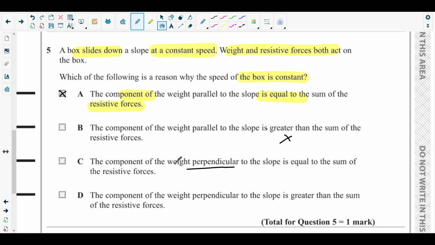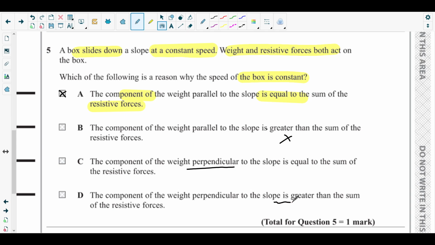The component of the weight perpendicular to the slope is equal to the sum of the resistive forces. It doesn't make sense because resistive forces are acting along the slope, but perpendicular is on a different orientation, right? So C is definitely not. What about D? The component of the weight perpendicular to the slope is greater.